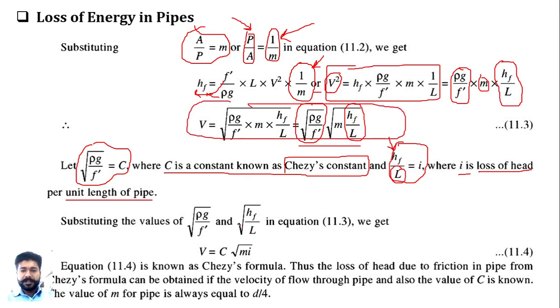After putting this value, we can write that V equals C under root of m into i. This equation is known as Chezy's formula, and it is used for finding out the loss of head due to friction in the pipe.